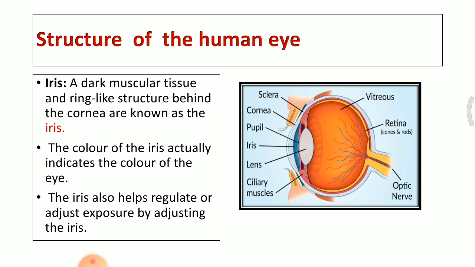So when the light falls on the iris, it regulates the light rays into the pupil. Where is the iris placed? The iris is placed behind the cornea. The iris may be in different colors, and it indicates the color of the eye. The function of the iris is that it regulates the light rays into the pupil.